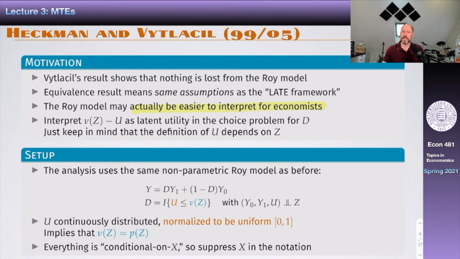This hopefully will be clear when we get to lecture 5, and that's part of the reason why I decided to add that lecture to the class this year. And the reason is that then you can interpret this difference, as we said in the first class, as latent utility, okay? And so you represent the choice of D as a person maximizing the utility. There are only 2 choices. You choose the choice that gives you higher utility. And that is something that we do in a lot of other settings.